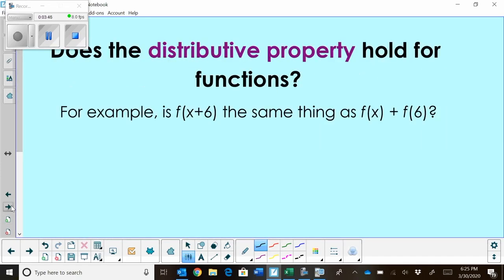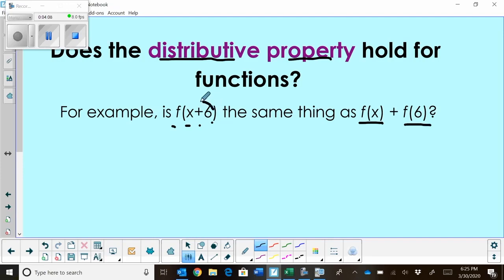Okay? Now, this one's kind of tricky because we need to talk briefly about the distributive property. So, does the distributive property hold true for functions? If we have f of x plus 6, is that the same thing as f of x plus f of 6?